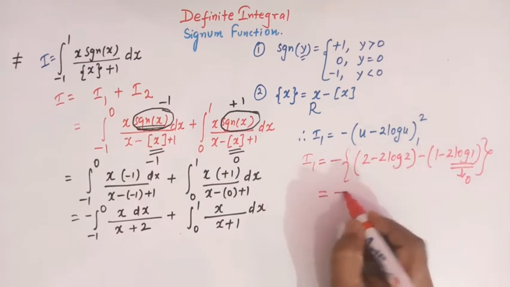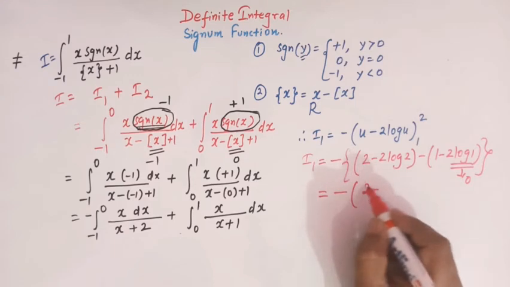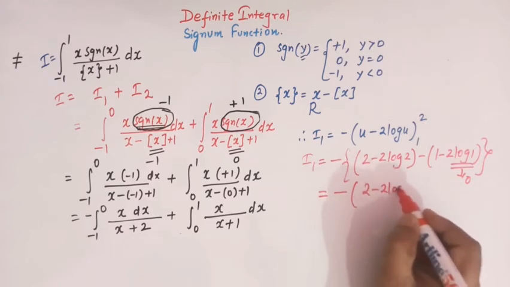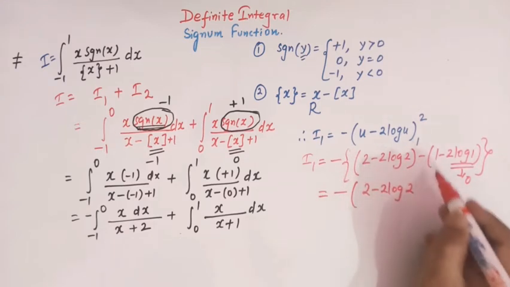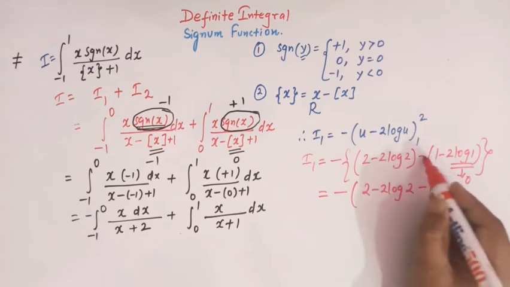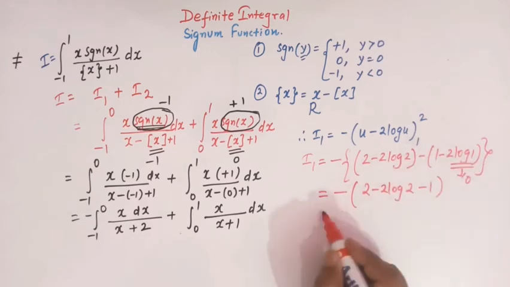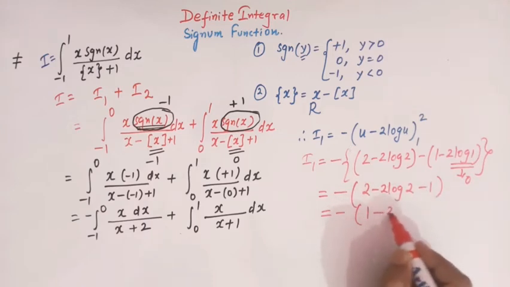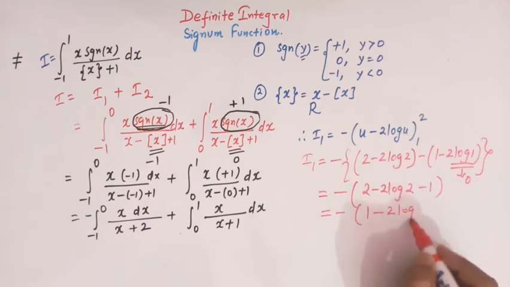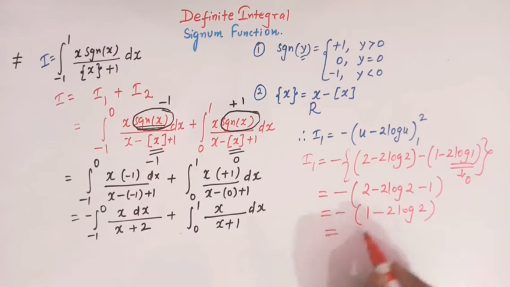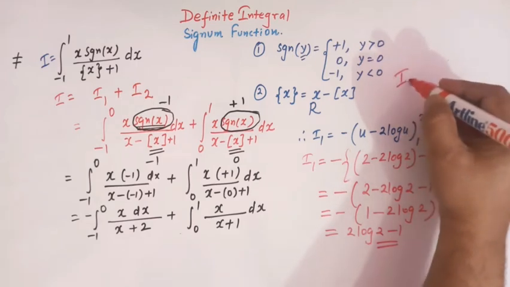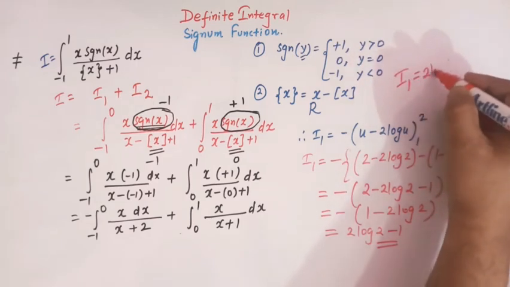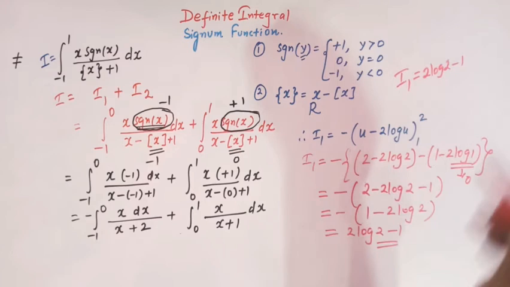So we have minus 2 log 2, and this is minus 1. Now we have minus 2 minus 1 is 1. So this is 1 minus 2 log of 2, and this can be written as 2 log 2 minus 1. So the value of I1 is equal to 2 log 2 minus 1.